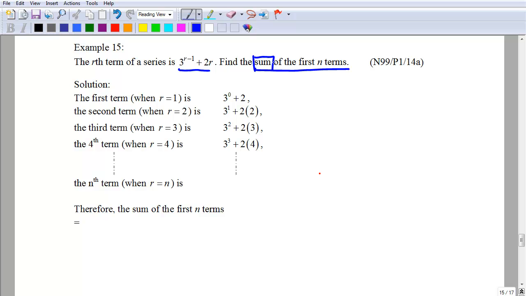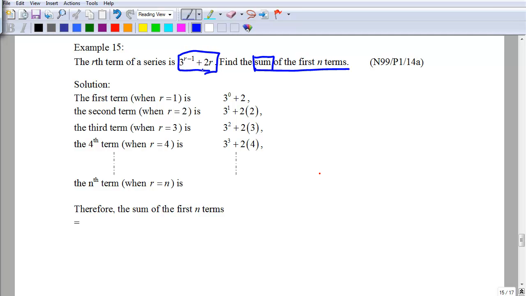So we see that the variable here is r, meaning by substituting different values of r into this given expression, we will be able to get different terms of the series.